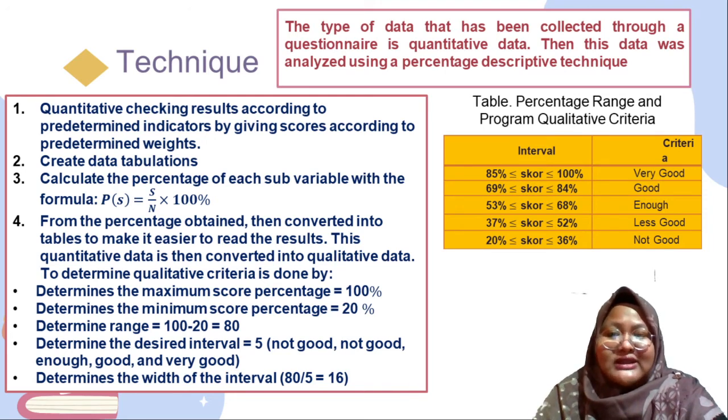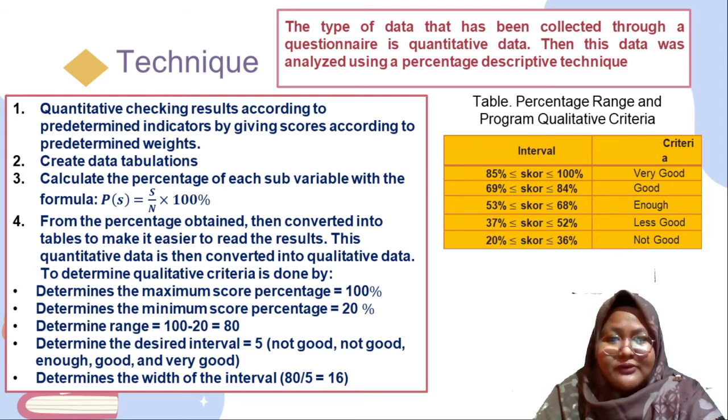To determine the qualitative criteria, first, we determine the maximum score percentage. Here, I use 100%. After that, we determine the minimum score percentage. Here it is 20%. After that, we determine the range, from 100 minus 20, which is 80. After that, determine the desired interval.